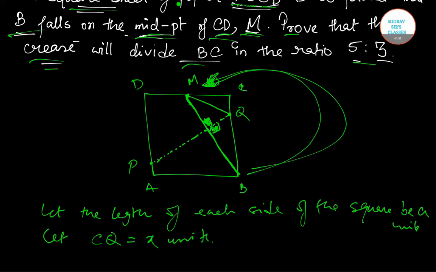So now we have this as X and AB is A, so is AD and CD and BC.